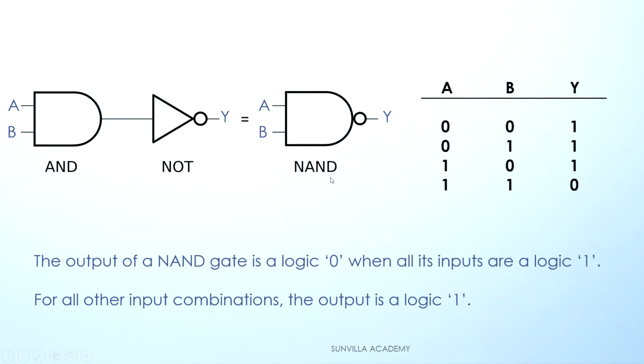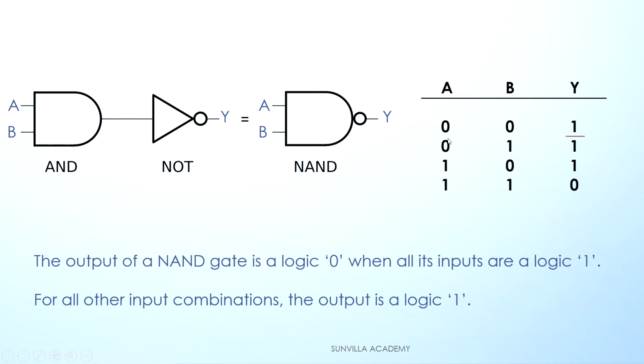You can see here in case 1, A and B both are 0. The AND gate will return 0 and the NOT gate will invert the output and return 1.